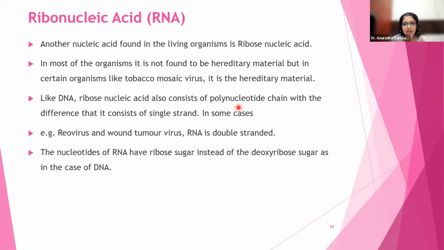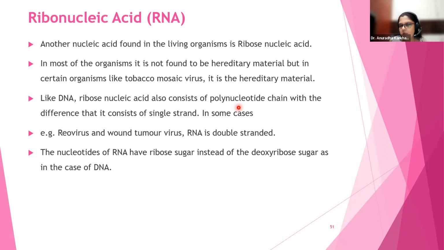But we have RNA. Without RNA, protein synthesis will not happen. So in our cells RNA has a very prime role: it is helping in protein synthesis. Like DNA, ribonucleic acid also consists of a polynucleotide chain, with the difference that it consists of a single strand.